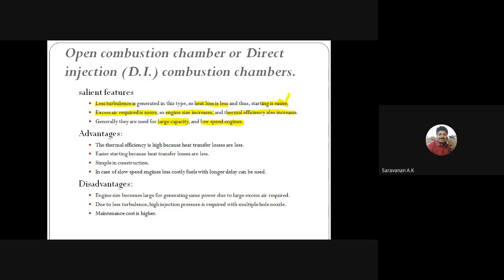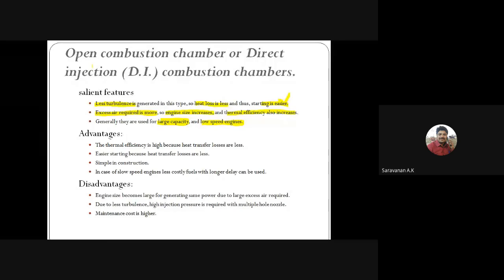And here we have some advantages. If excess air is required, the engine size is increased, and the thermal efficiency also increases. The advantage is the thermal efficiency is high because the heat transfer losses are very low.